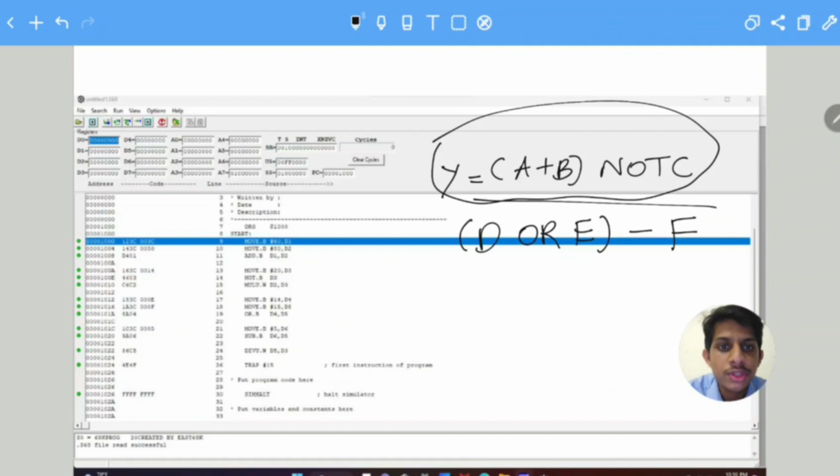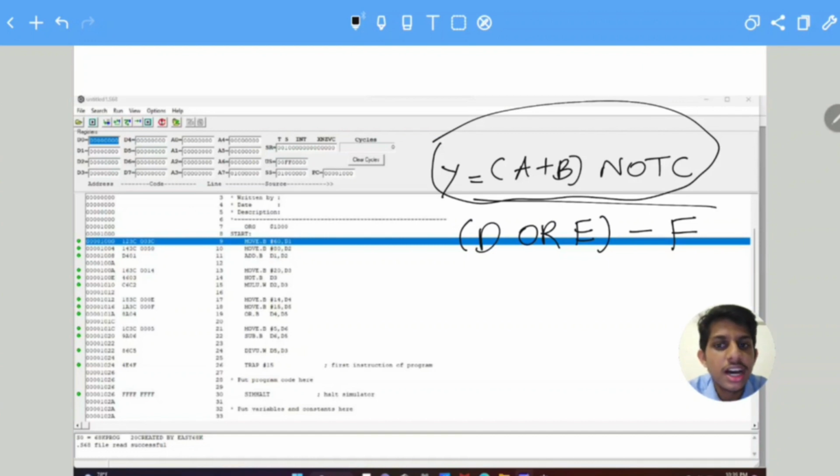Once I move the value, I add both of them. I write add.B D1,D2. So it means I add.